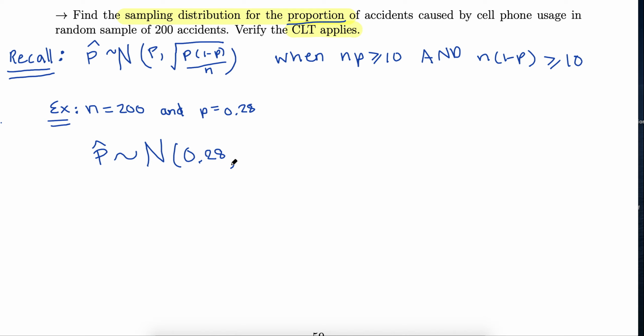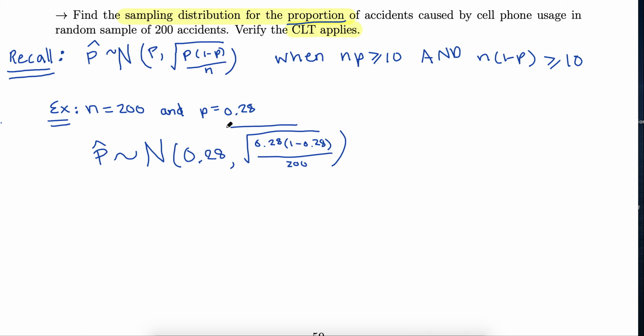We also want to know how much we can expect these different sample proportions, or p hats, to vary from sample to sample. So that was our 0.28, or p, times 1 minus p, over the sample size. And here we're talking about a sample size of 200. Okay, all of that is under one square root.